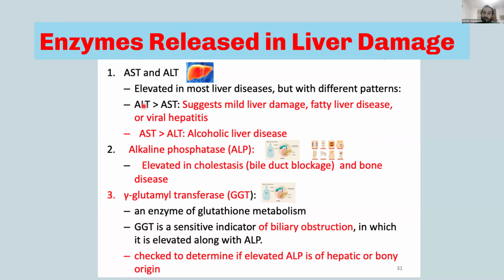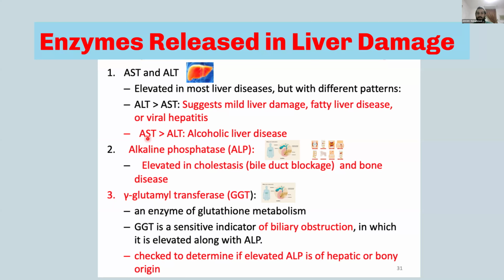If ALT is more, this suggests fatty liver disease, viral hepatitis, or mild liver damage. This might also be an exam question. You're going to find ALT increased 30 times normal and AST increased only 10 times normal, for example. So the differential is one of the following.